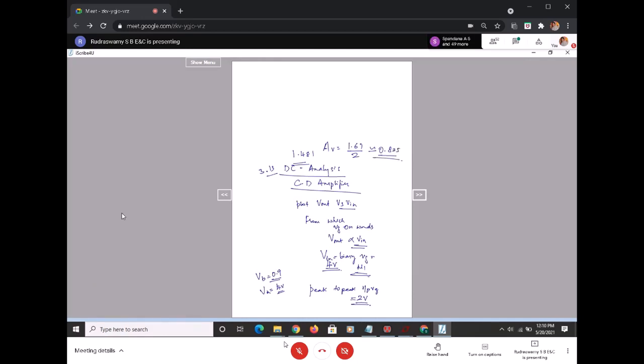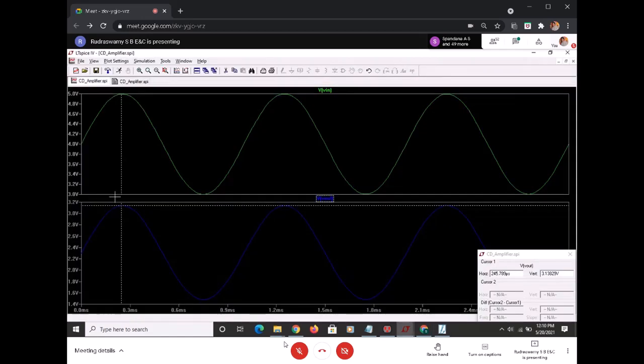So you can see that the input is 2 volts peak to peak, and I'm getting the output somewhere around 1.65 with a gain of this.